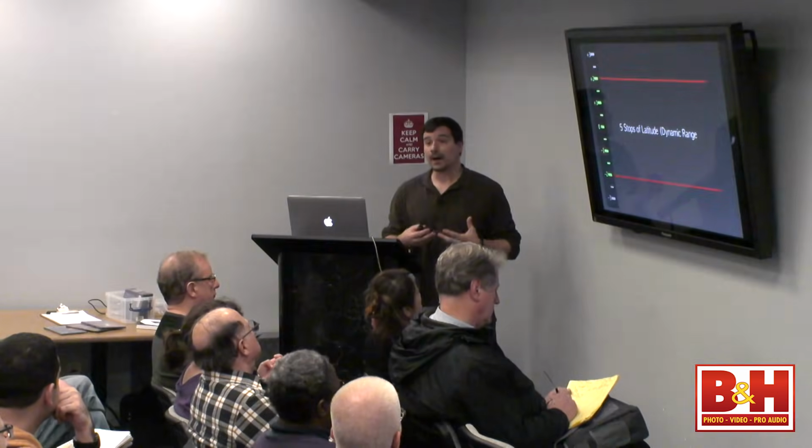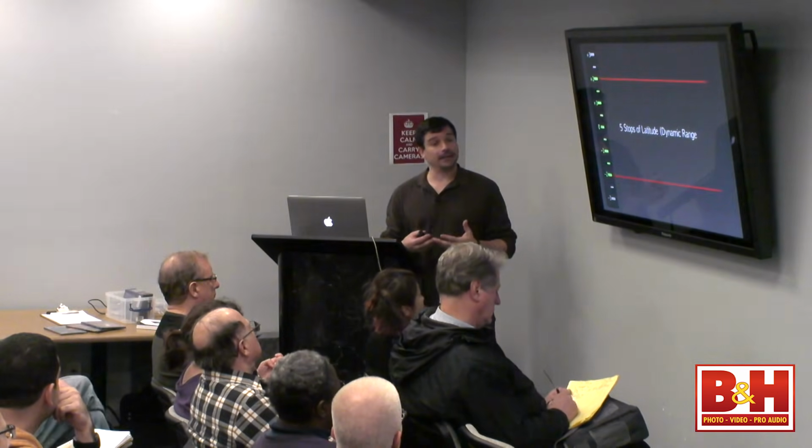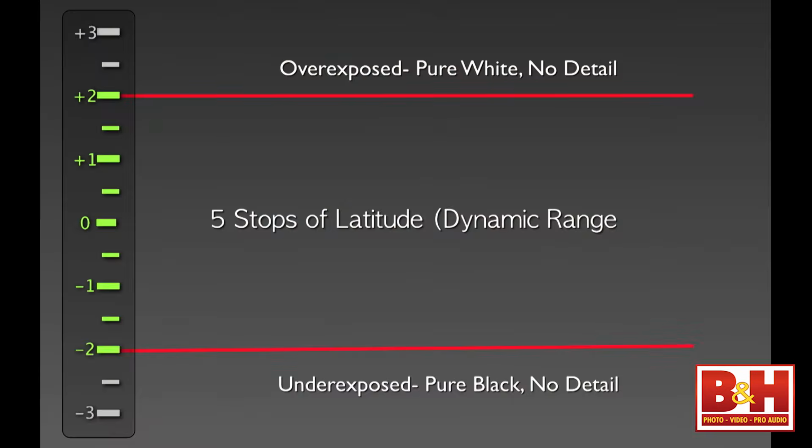You're going to end up with a lot of noise, and it's not going to be very pleasing information that we pull up. That's why I like to kind of still teach it the way we always taught it with film, it being the 5 stops of latitude or 5 stops of dynamic range. Anything above that, folks, is going to end up being pure white with no detail or pure black with no detail.